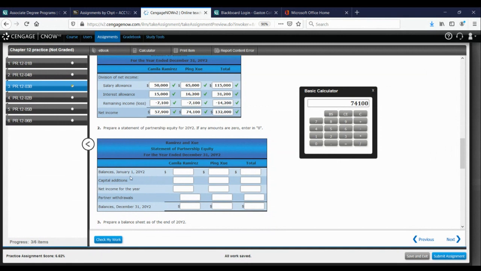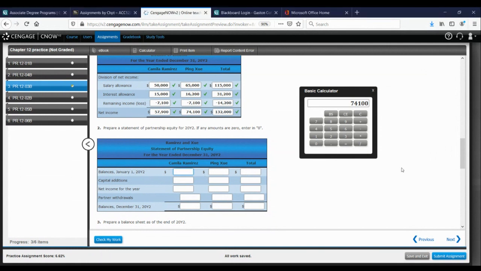We're going to start with our beginning balances. Remember, the statement of owner's equity or the statement of partnership equity is going to be for an entire accounting period from the beginning of the year at January 1st to the end of the year, December 31st. So we want beginning balances here.